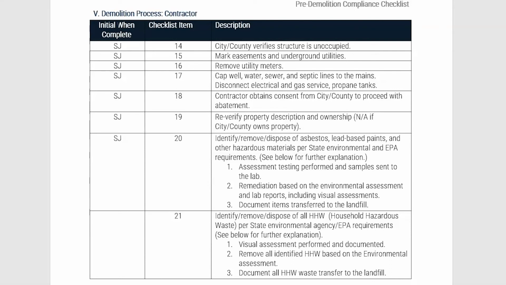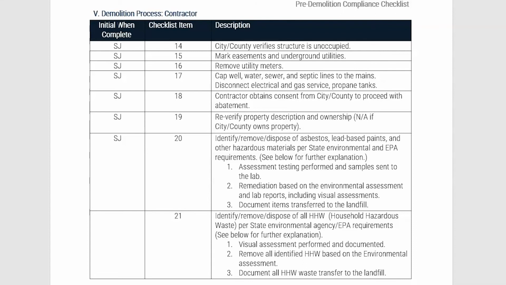In number 21, the subrecipient should ensure that all household hazardous waste noted on the Hazardous Materials Disclosure Certification and Environmental Review have all been identified, removed, and disposed of according to regulation.